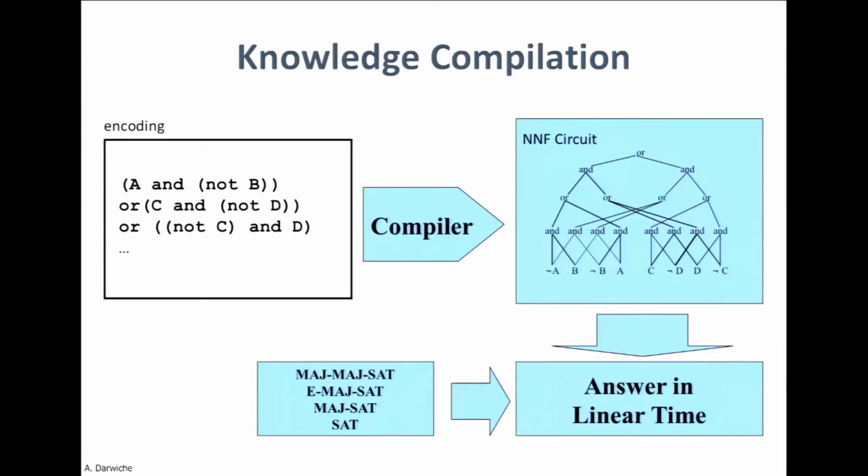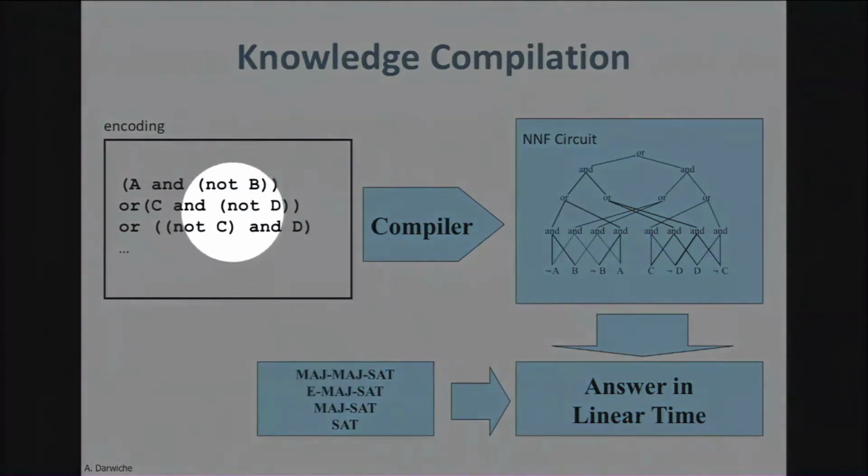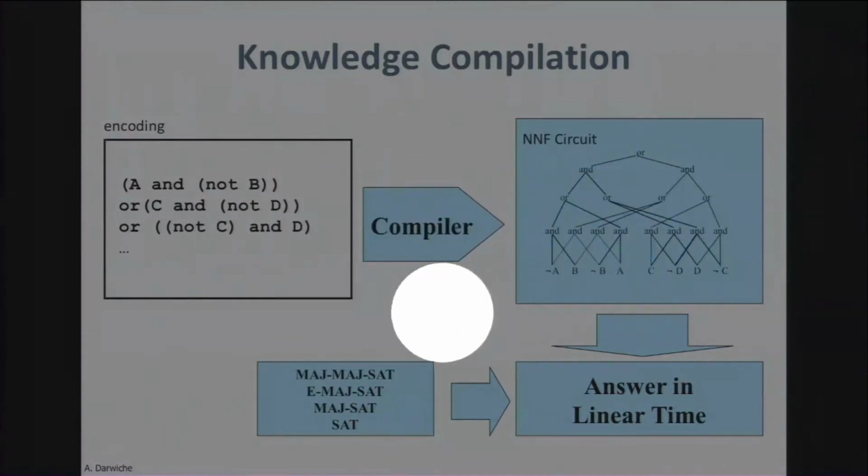So the idea of knowledge compilation is, instead of developing dedicated algorithms for these problems to run on Boolean formulas, you try to compile this Boolean formula into some structure that has certain properties, where if the compilation is successful, then these problems can now be solved in polynomial time on that structure. In this case, they'll basically all be in linear time.